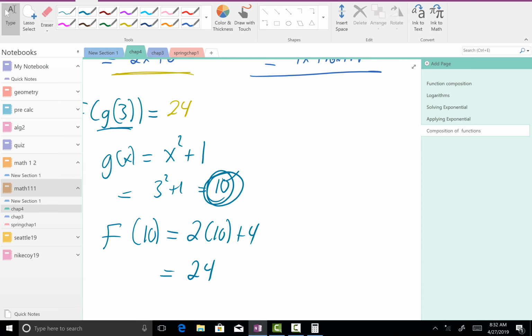You might see something like where they put a variable in there besides an x, but it really doesn't make any difference. You're just going to take whatever f of a is and then put that into the g one.